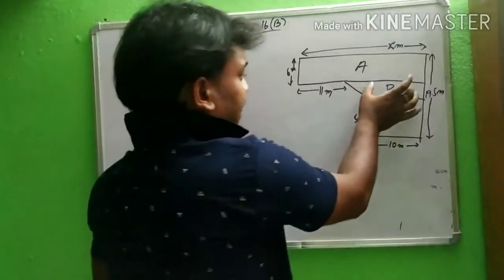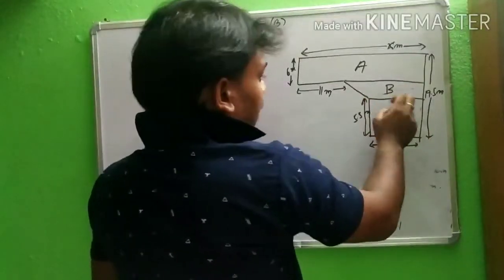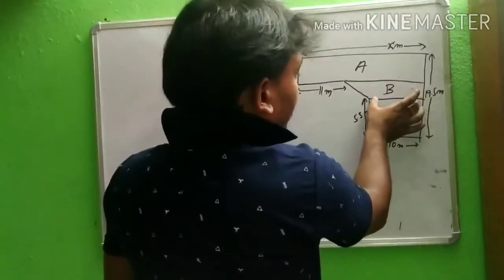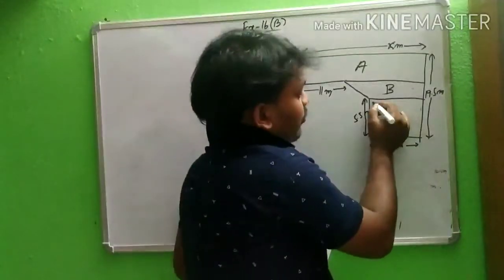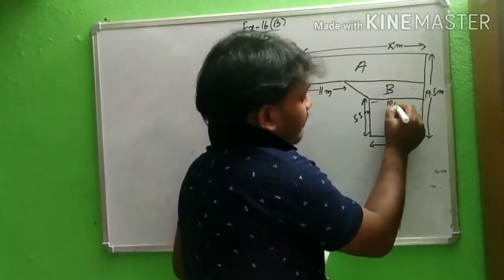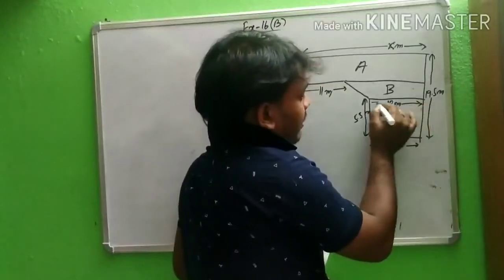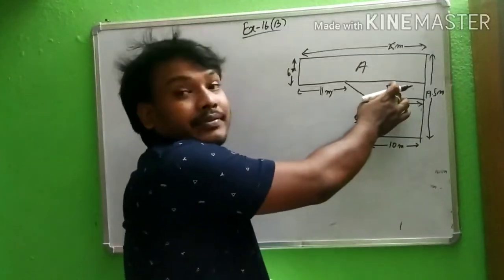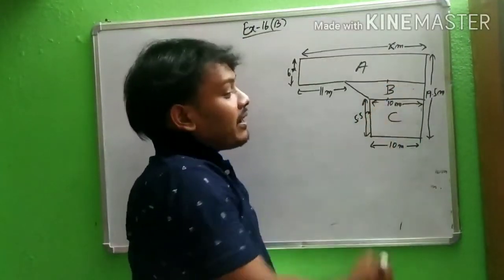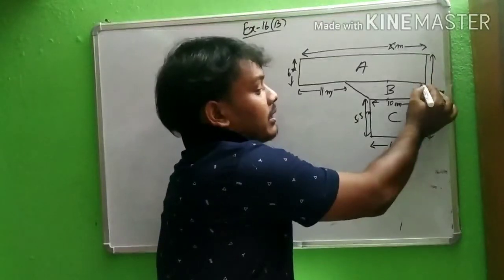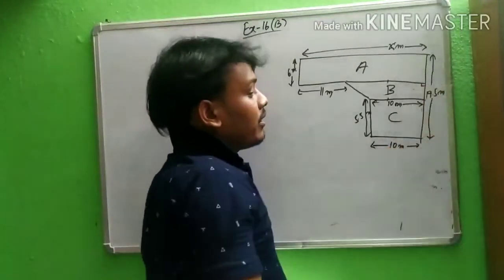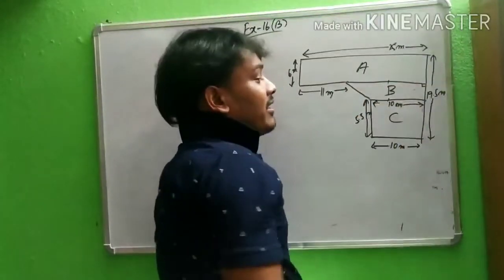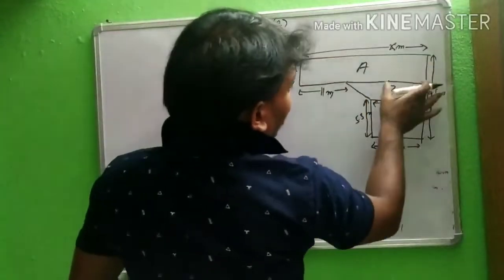For the second case, the value of this one is 10 centimeter. These two are equal, so this one also becomes 10 meter. So it is a trapezium, and these two sides are parallel, and the height is this one because it is perpendicular. So we need the value of these sides and this height. What is the value of the total length?